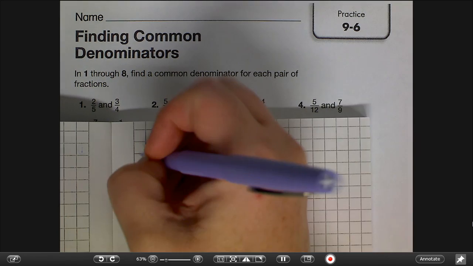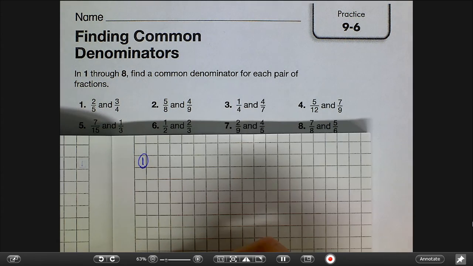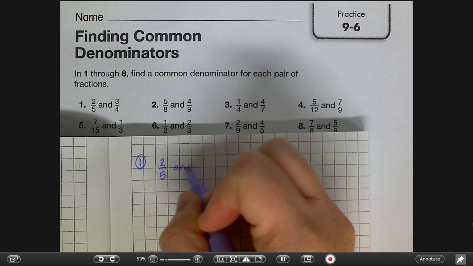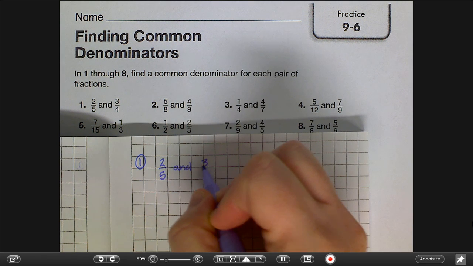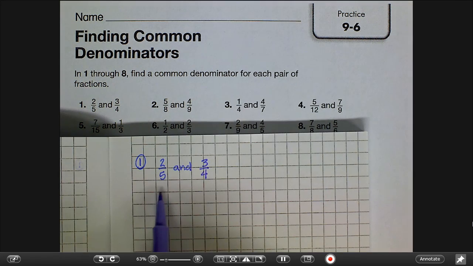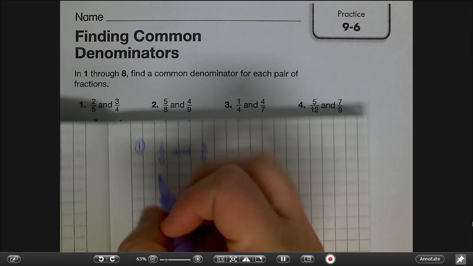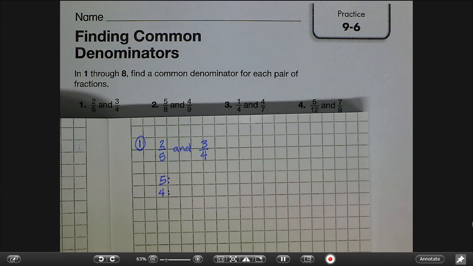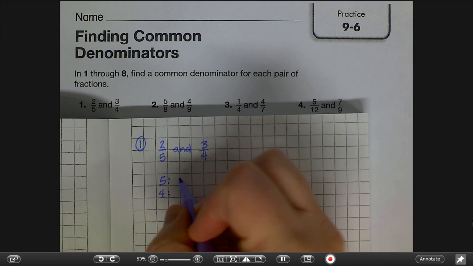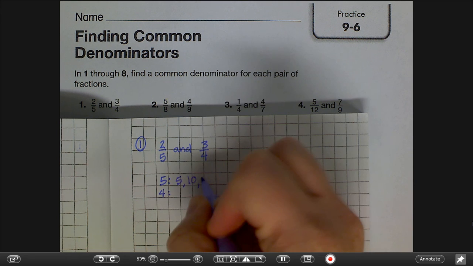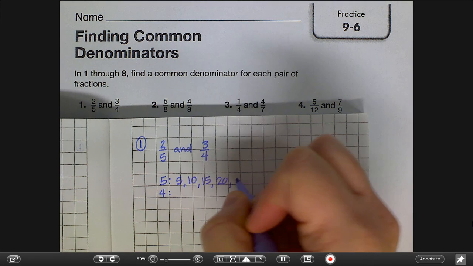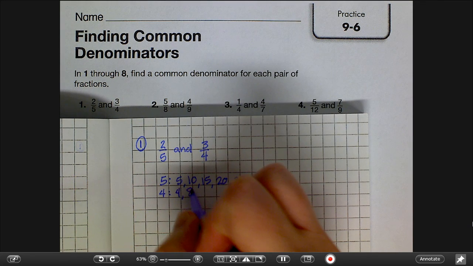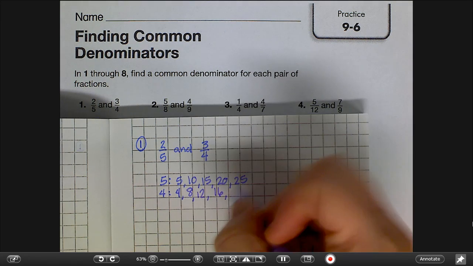Okay, so let's start with number 1. Here we are. 2/5 and 3/4. Okay, so look at our two denominators, 5 and 4. Let's go ahead and write out the multiples of these two numbers, and we'll find the least common multiple. 5, 10, 15, 20, 25. 4, 8, 12, 16, 20.